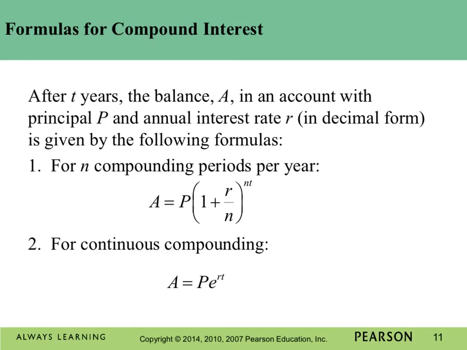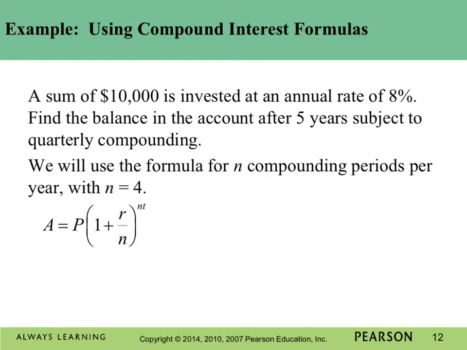So if we compound twice a year, that n is going to be 2. If we compound quarterly, that's going to be a 4, because there are 4 quarters there. Or if we compound monthly, then the n is going to be 12. So I hope you get the idea with that.